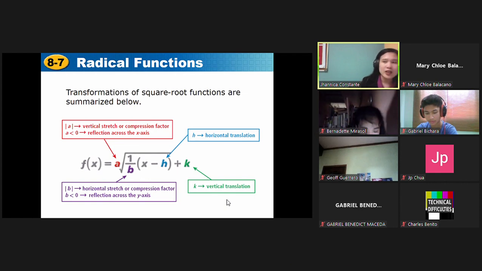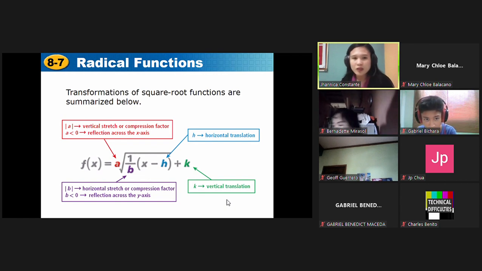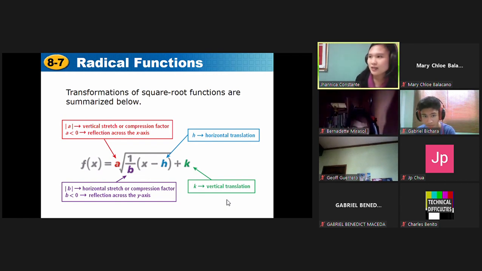And for a, if you have a positive value for a, the description of the translation that happened to the radical function is a vertical stretch or compression factor. If you have a negative a, the description of the translation that happened to the radical function is a reflection across the x-axis.